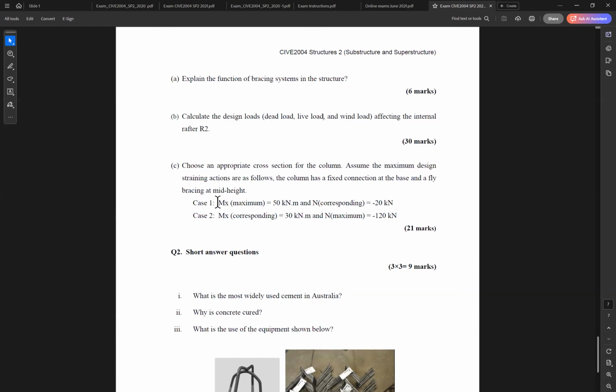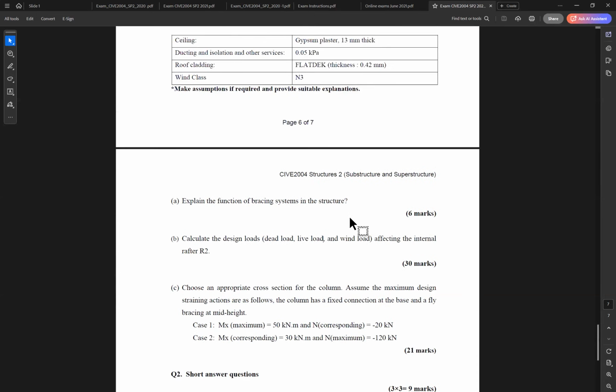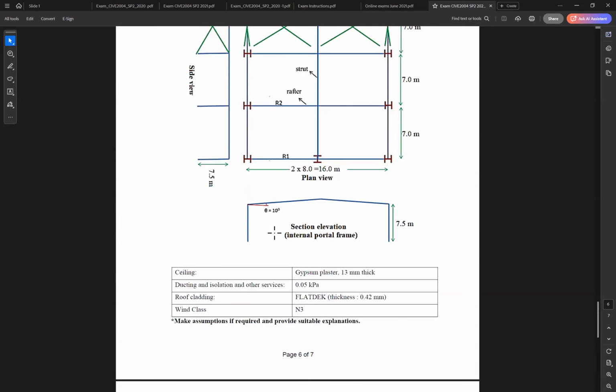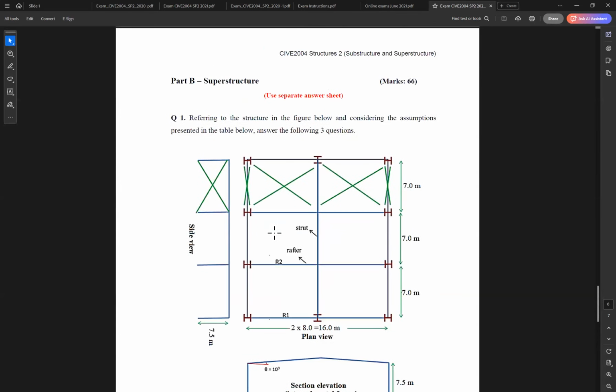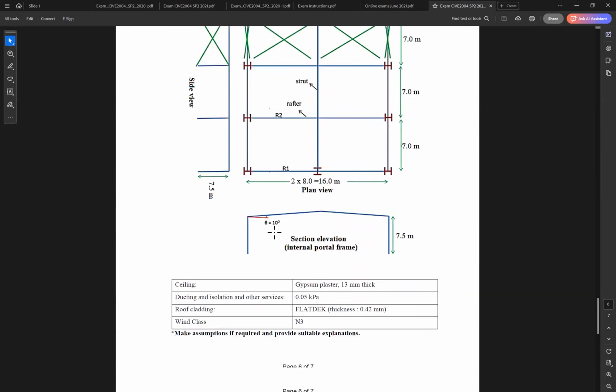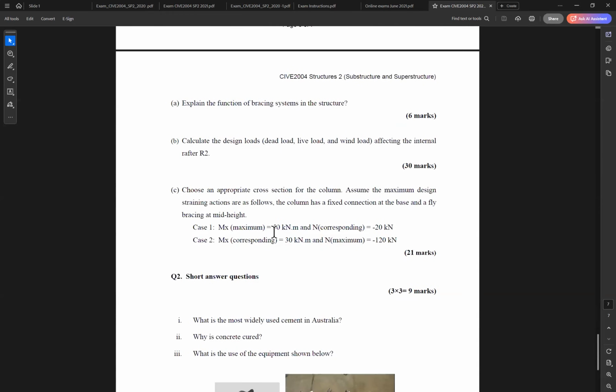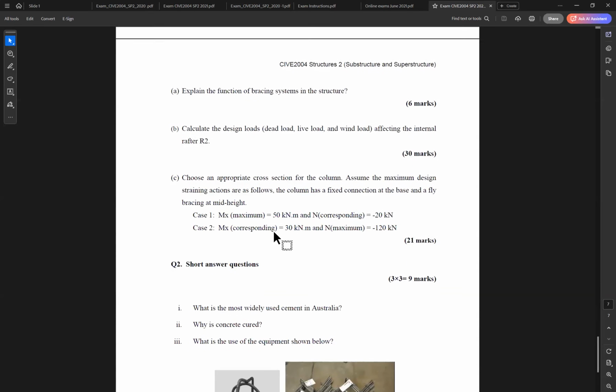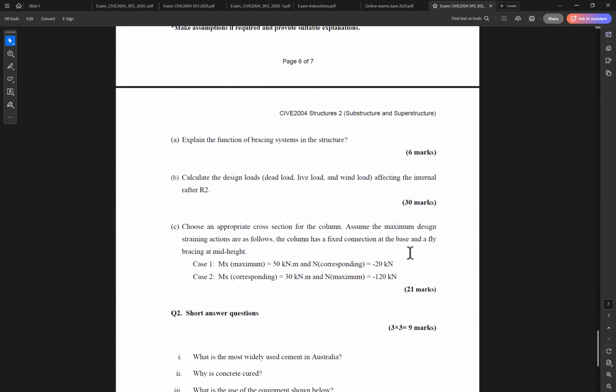So in this example here, we have Mx and N. So this is also a question of column design. This was an old test, but I just want to show you an example of the test. So this is the main question we have, with most of the marks on this question.